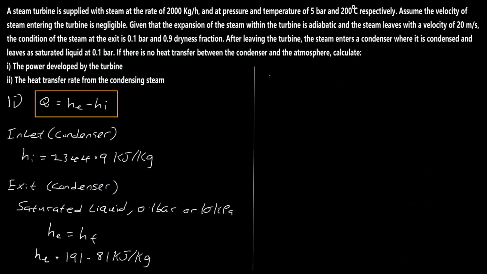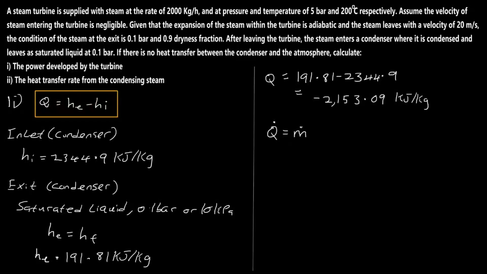So the heat transfer equals 191.81 minus 2,344.9. And this gives us minus 2,153.09 kilojoules per kg. And from this, we can obtain the heat transfer rate by multiplying with the mass flow rate. So for heat transfer rate, we obtain 1,197.1 kilojoules per second.